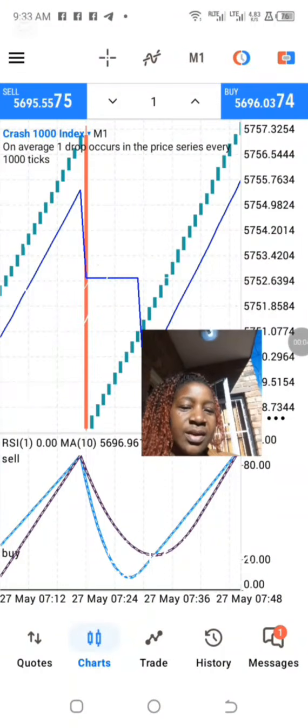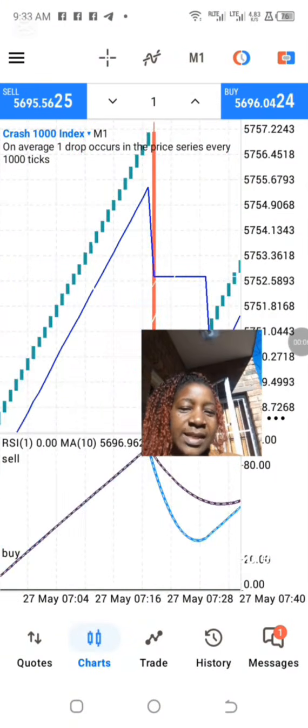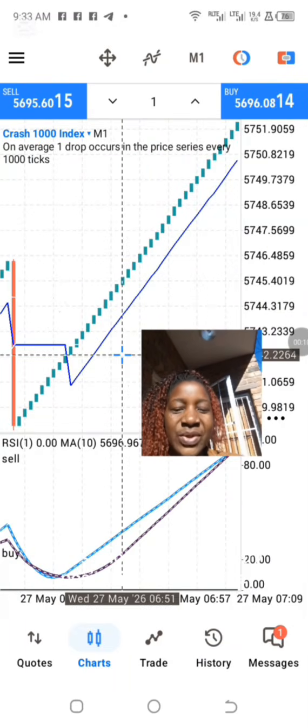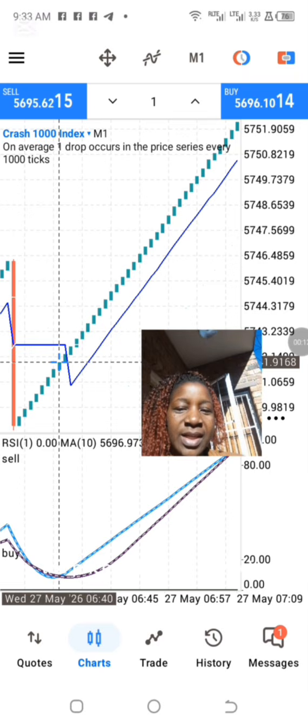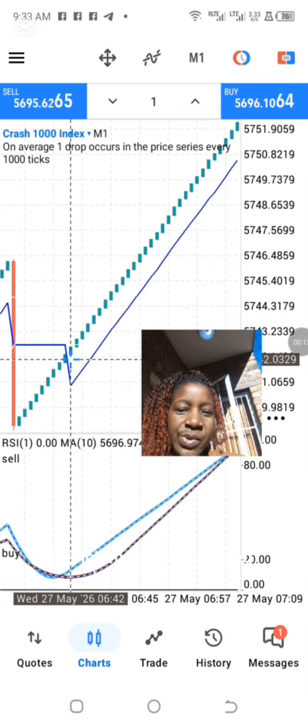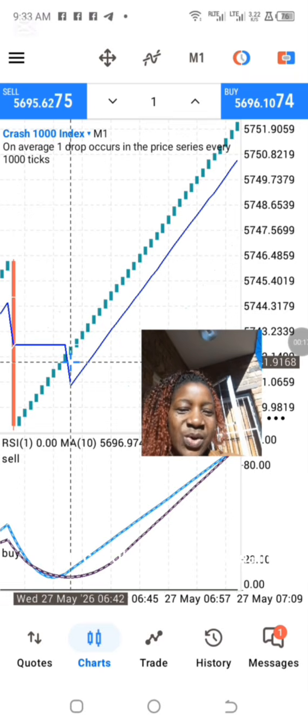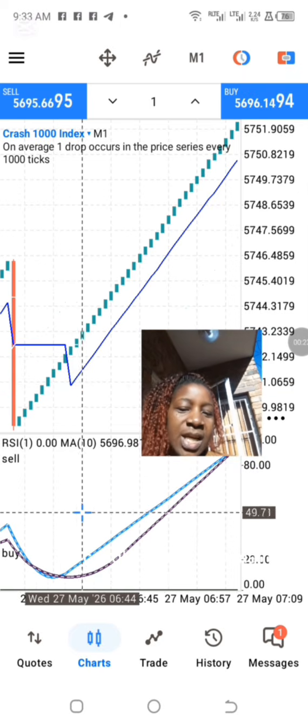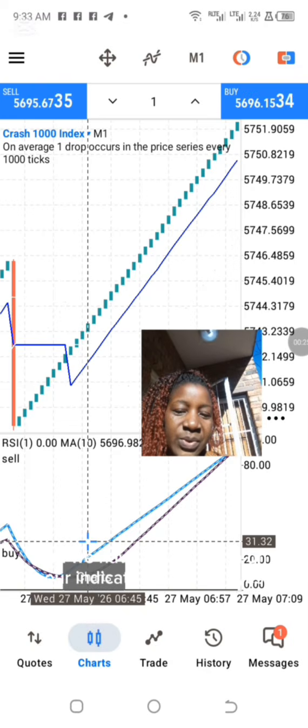We are still in Crash 1000, and let's look for one last example in Crash 1000. Oh, here's another perfect entry position. As you can see, the Ichimoku has crossed below the price or the candlestick on the main chart. The blue line is below the candlesticks, and we have confirmation on our indicators window 1 here.